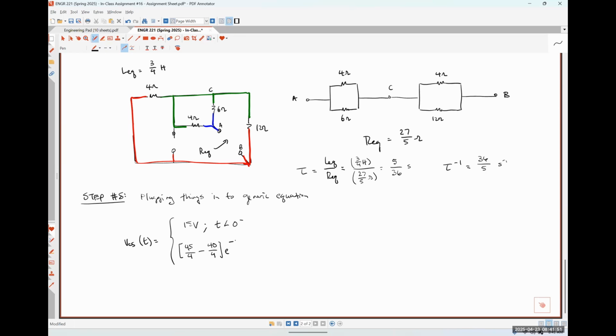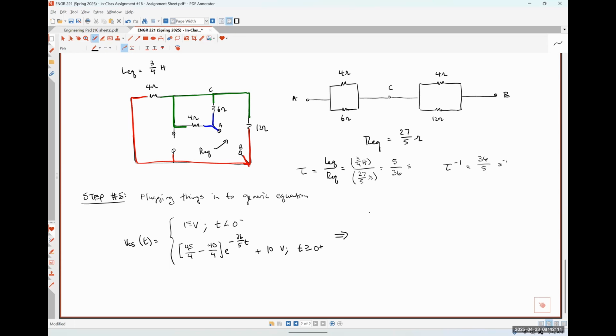E to the negative t over tau, or t times the inverse of tau, is going to look like 36/5 t plus VCS at infinity, which was 10 volts for t greater than or equal to 0 plus.